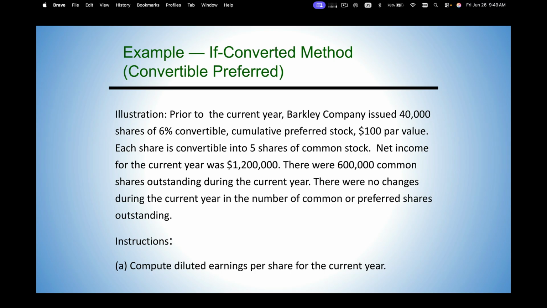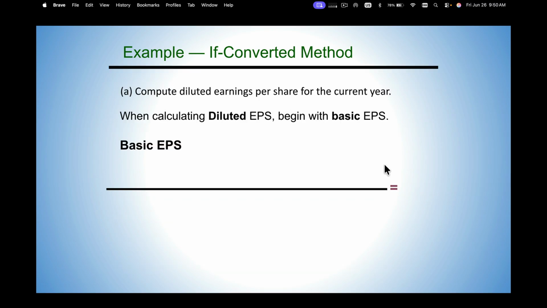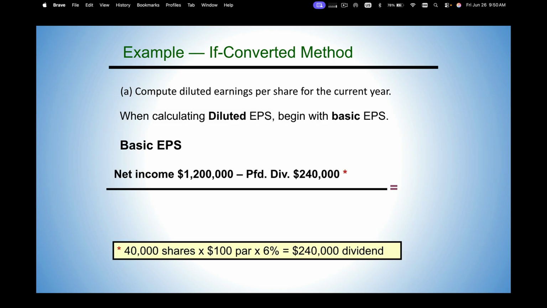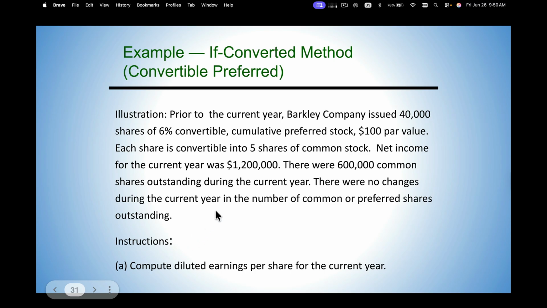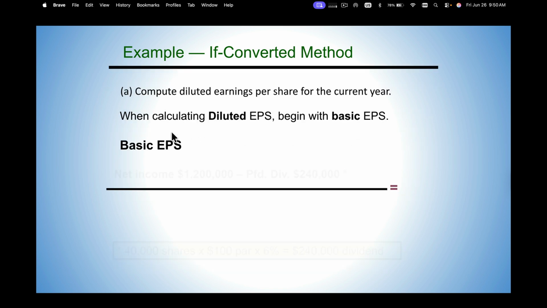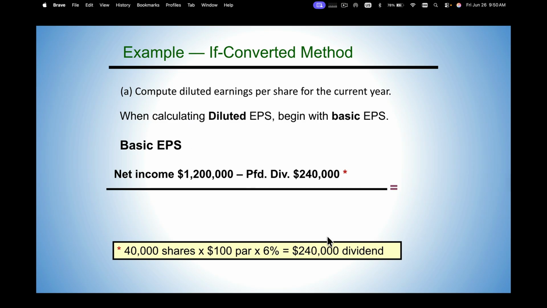Keep in mind that we're talking about preferred stock here that's cumulative. We are not talking about bonds. So in calculating the basic earnings per share, we've got to have net income of 1.2 million minus the preferred dividend, that is 40,000 shares times $100 par value, 4 million times 6% is $240,000 of preferred dividend.